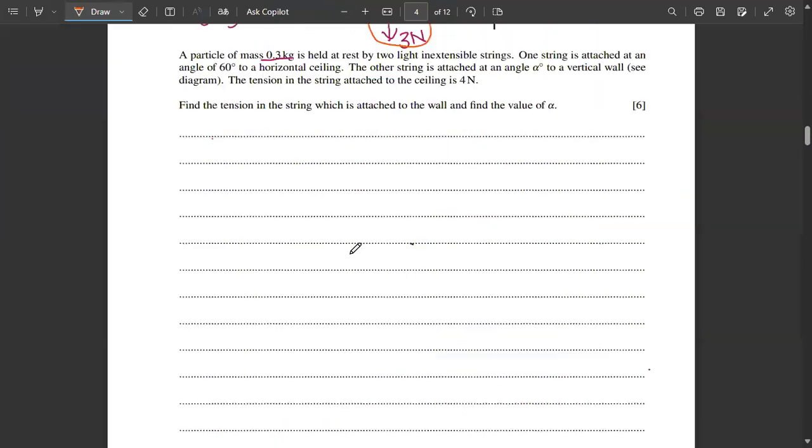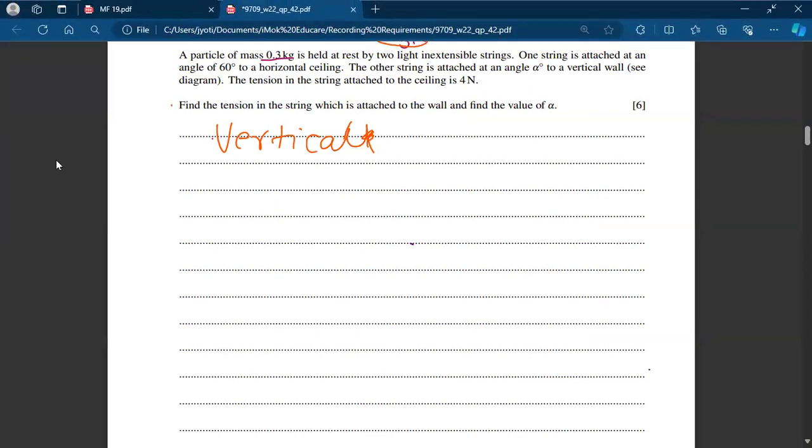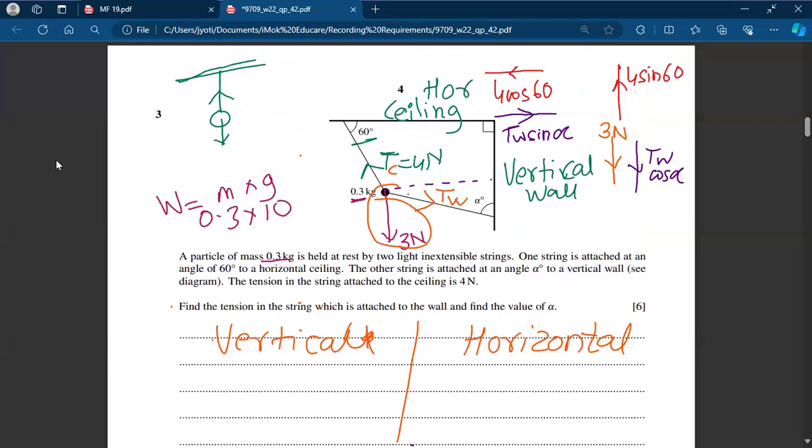There were a few vertical forces and a few horizontal forces. Which were the vertical forces?